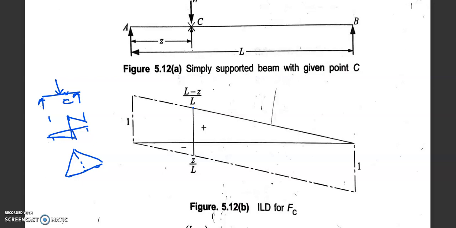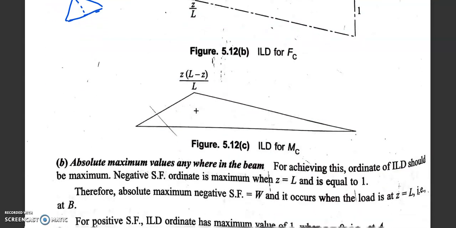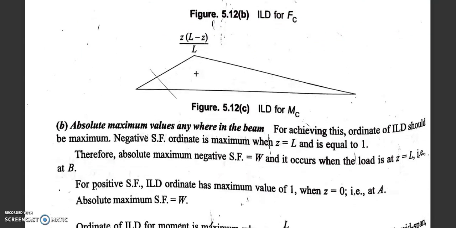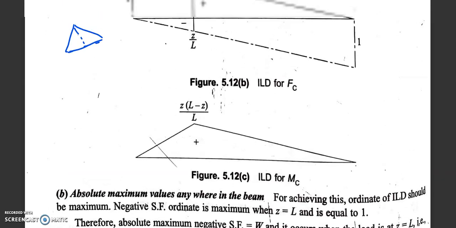Now here another thing which we need to notice, another terminology, is the absolute maximum value. What do you mean by absolute maximum value? The ordinate of ILD should be maximum.